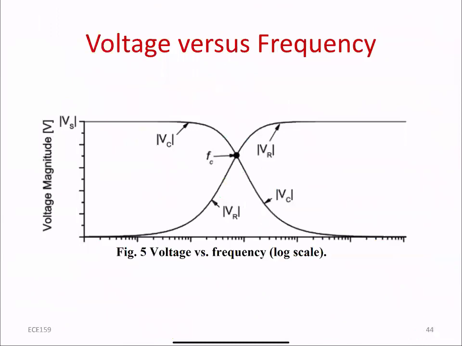If you see this figure, it is summarizing the two filters we just studied. This is the low frequency behavior. At low frequencies, the source voltage Vs, all the voltage appears across the capacitor.